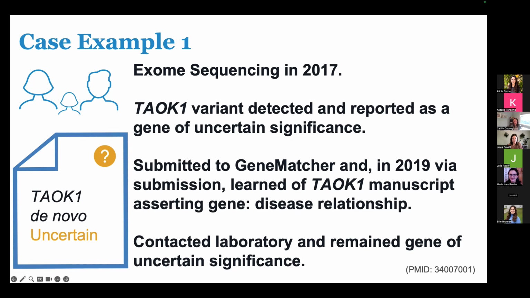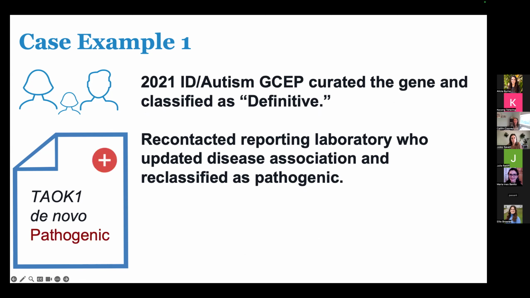We contacted the laboratory, and at that time, it still remained a gene of uncertain significance. Then in 2021, our own GCEP, the ID Autism GCEP, curated this gene, and they classified this as having a definitive gene-disease relationship.